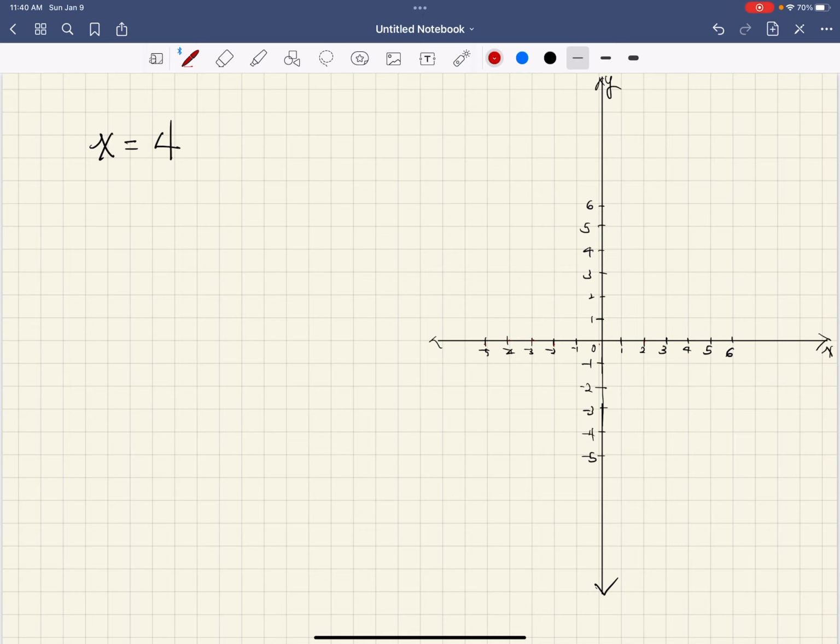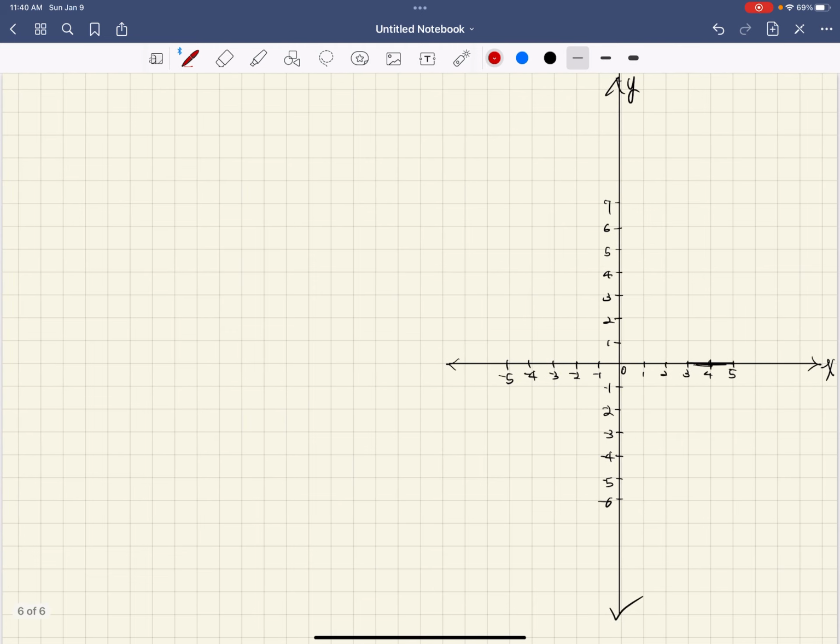X is always 4, so (4, 0), (4, 1), (4, 2), (4, 3), (4, -1), (4, -2), (4, -3). And connect the points. It's also linear.